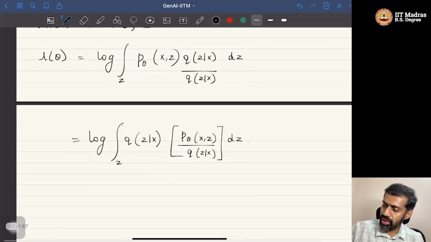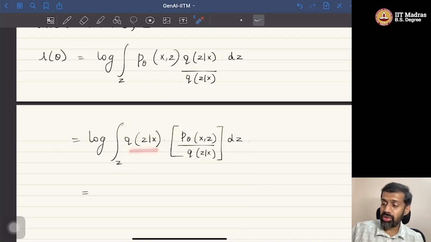Now if one carefully looks at this, what is this? This is a particular distribution over z, and this is a function of z. The product of a distribution and a function, integrated over the random variable of that density, is by definition the expectation.